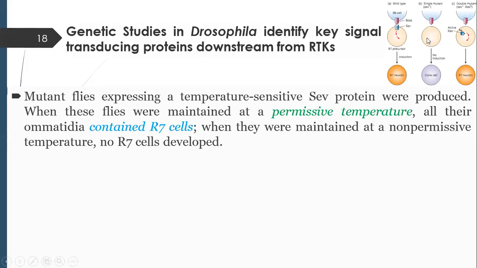So below 30 will be permissive temperature and above 30 will be non-permissive temperature. उसने क्या करना है, इस प्रोमोटर को ब्लॉक कर देना है. ये नॉर्मल टेम्परेचर पे एक्सप्रेस होगा और जब टेम्परेचर हाई होगा तो एक्सप्रेस नहीं होगा. So this is one of the ways this SEV can be expressed or can be blocked.